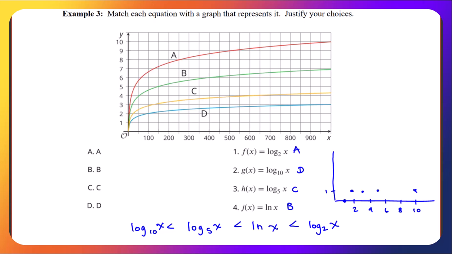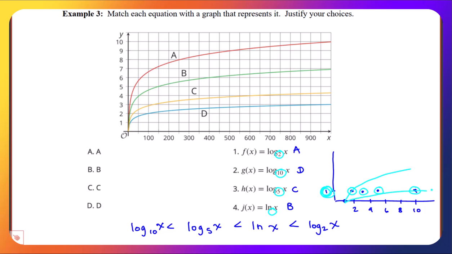We use the knowledge we learned in graphing other logs. The base 2 log, at 1, it's 2. At 10, at 1, it's 10. For the base 5, at 1, it's 5. And at e, at 1, it's 2.7-ish. And so looking at this graph, this is going to be the taller one, this graph is going to be the shorter one.